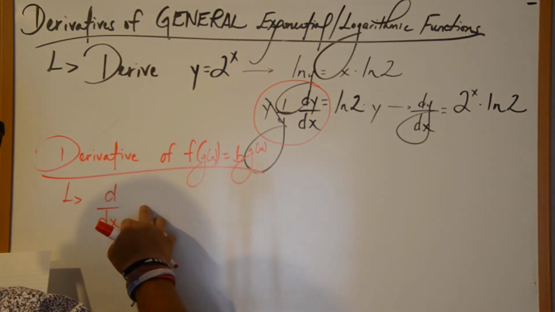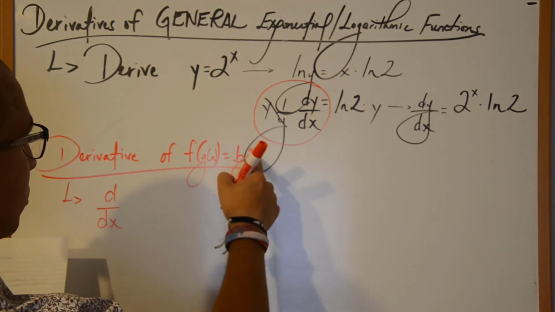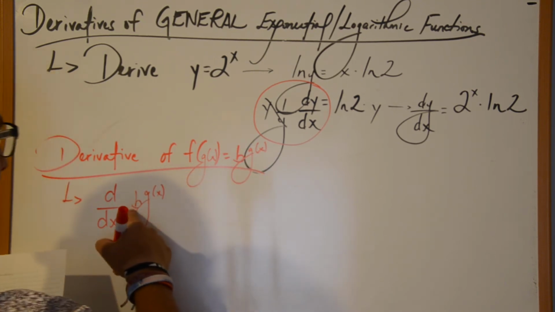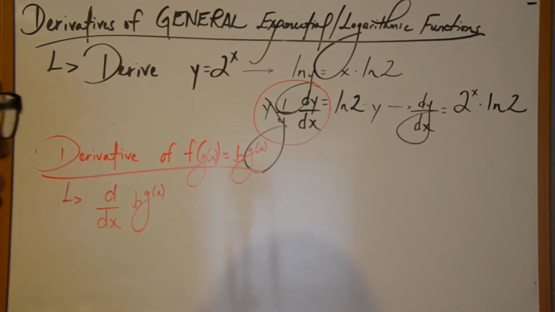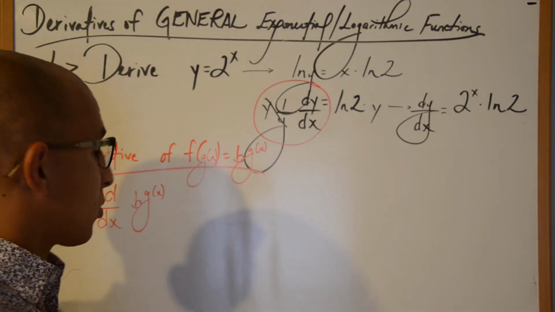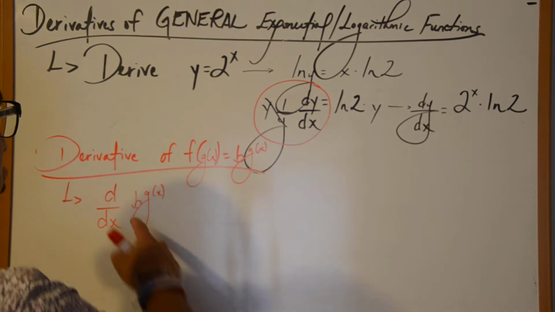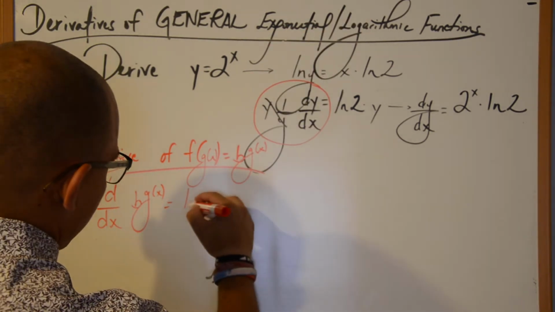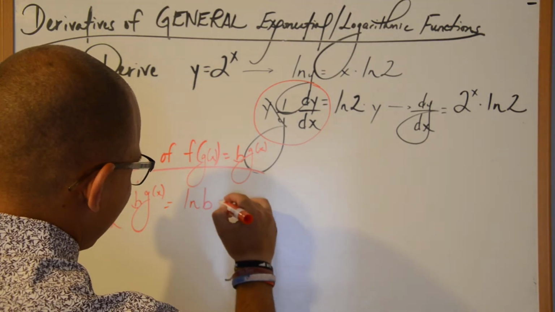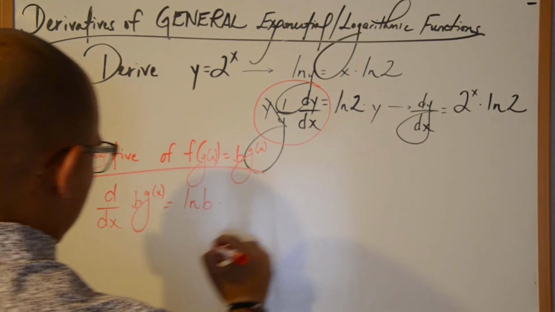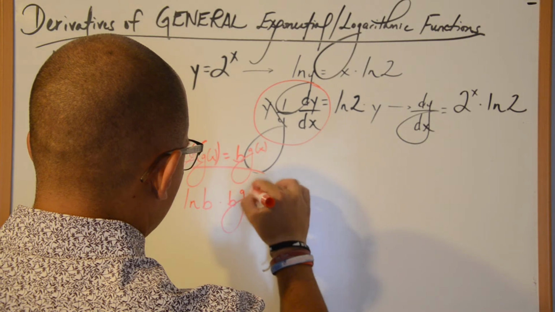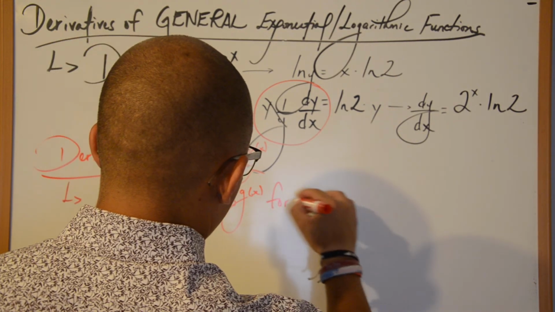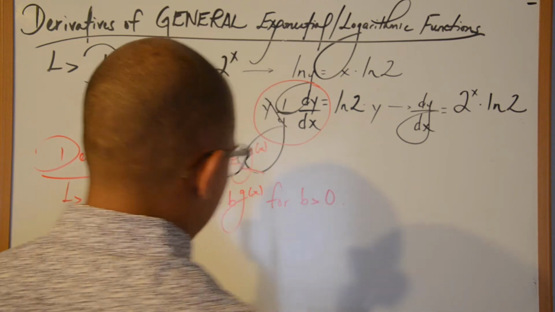So the derivative of this function, right? The b represents a numerical base. G of x could represent x, it could represent x squared, sine of x, I mean, you could have 2 to the e to the x is equivalent to the natural log of the base times the original function itself, for b greater than 0.